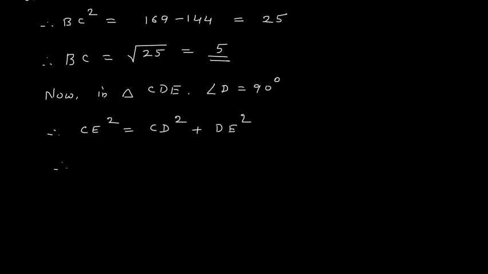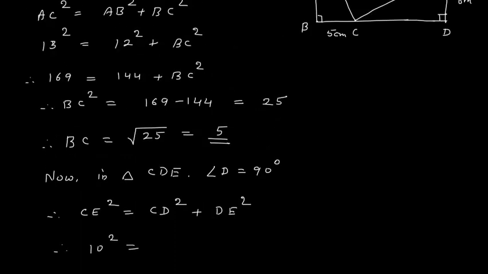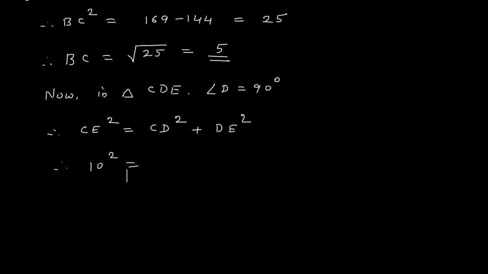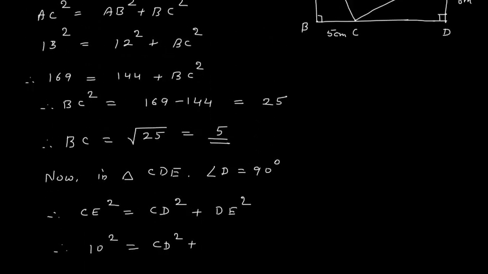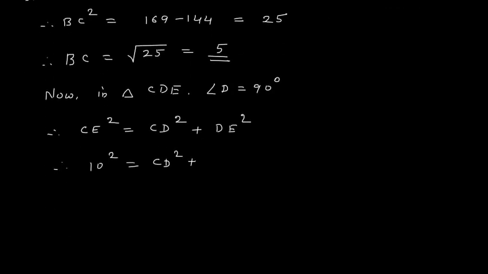So here we have 10 square is equal to the value of CD, we don't know, so we will write CD square plus DE is 6, so 6 square. Therefore, we have 100 minus 36 will give me CD square. 100 minus 36 is 64. Therefore, 64 is equal to CD square.